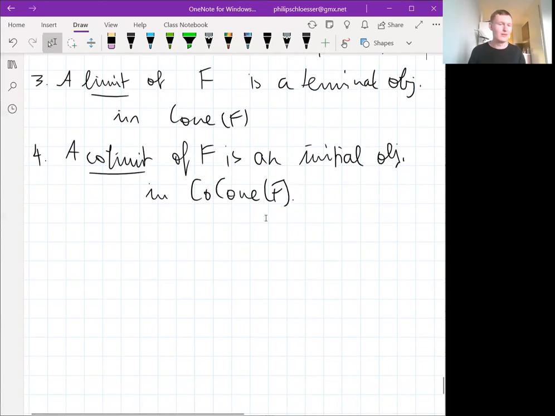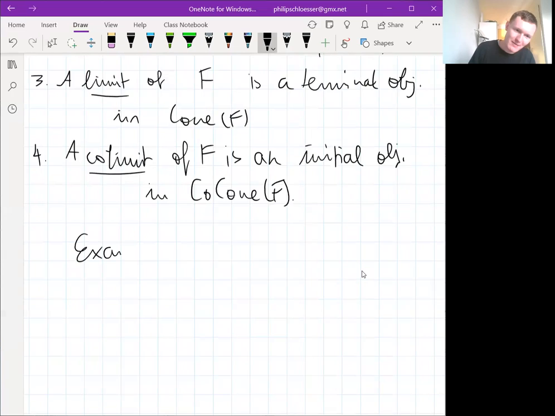Okay, I hope I haven't driven too many of you away by these definitions. For that reason, I'm now going to do a whole host of examples. Example 1, initial and terminal objects.